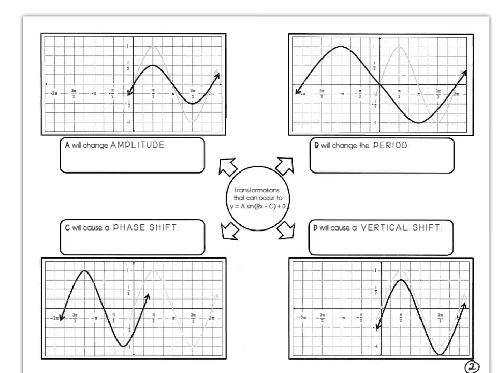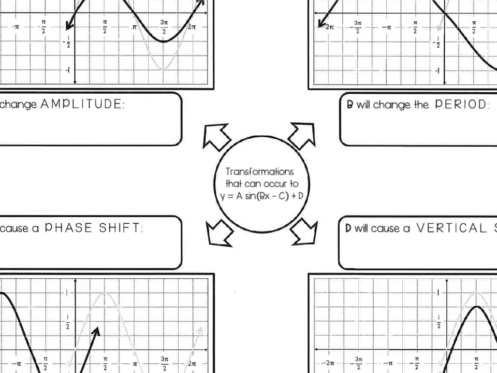So in terms of transformations from the parent function, if our parent function is this, I'm going to zoom in on this real fast and highlight it. So if our parent function is this here, this is our parent function of the sine.